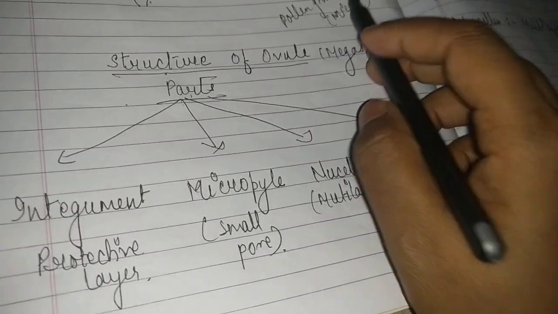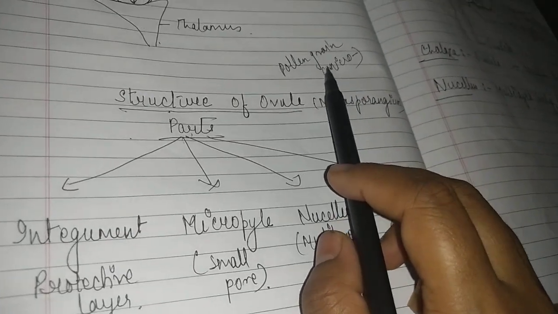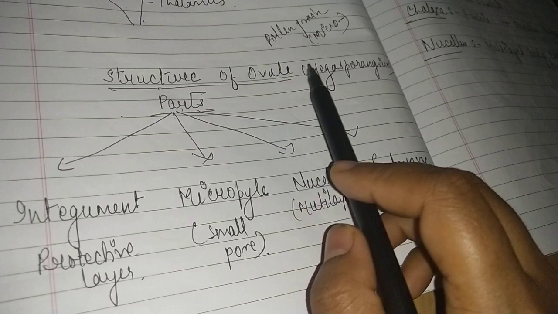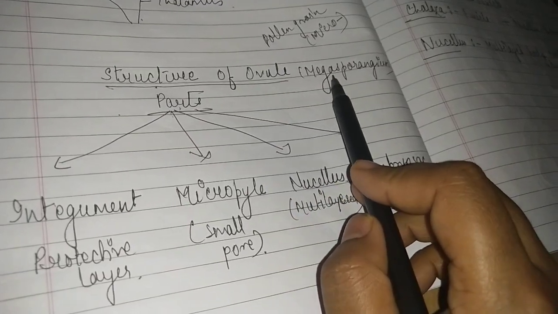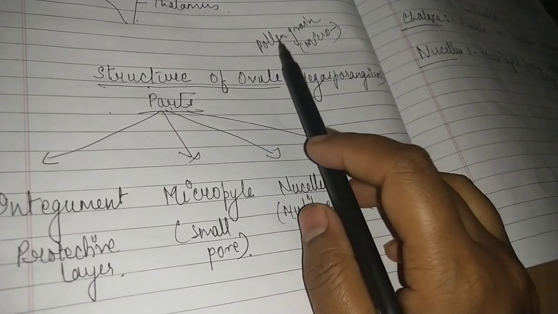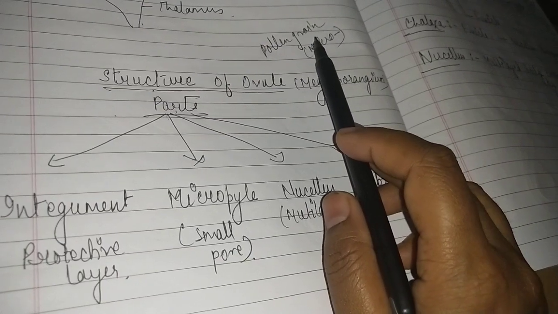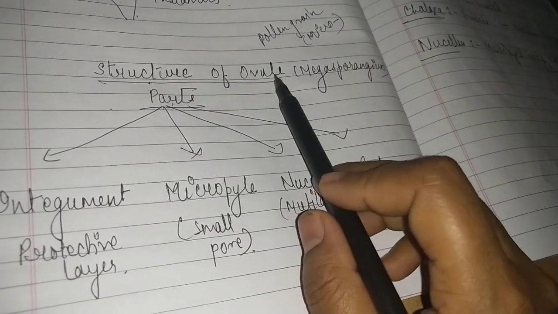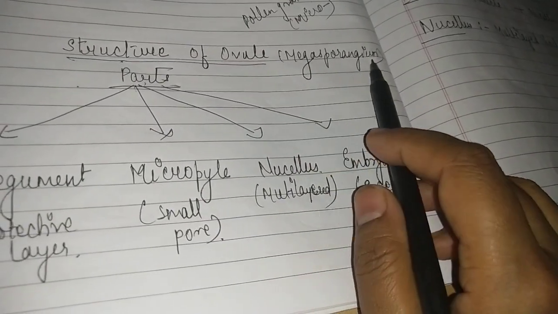The pollen grain is small in size, that's why we say micro. The ovule will be bigger in size, that's why it is known as mega, so we can say megasporangium.